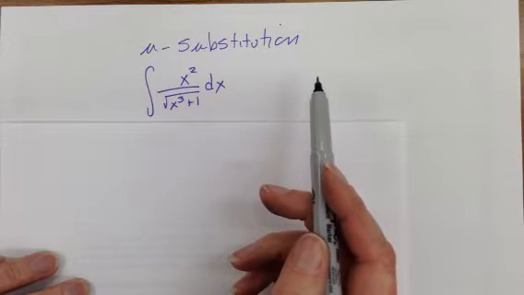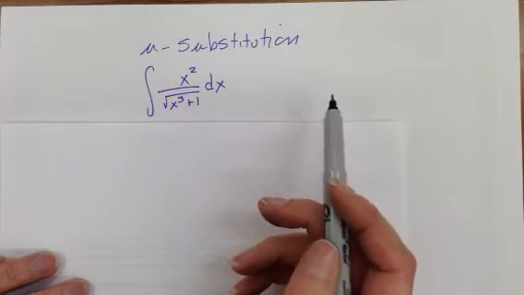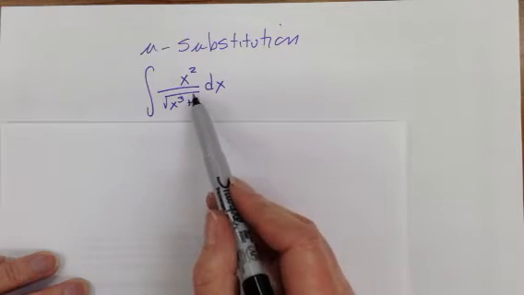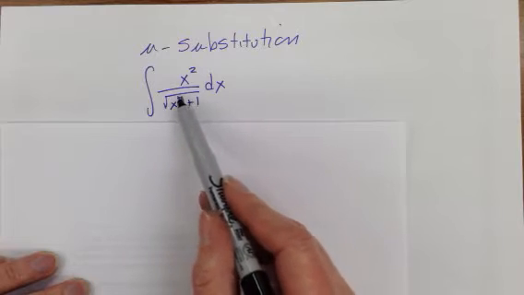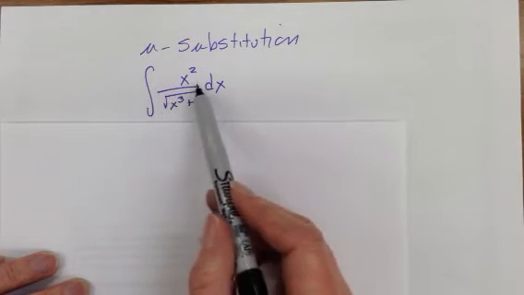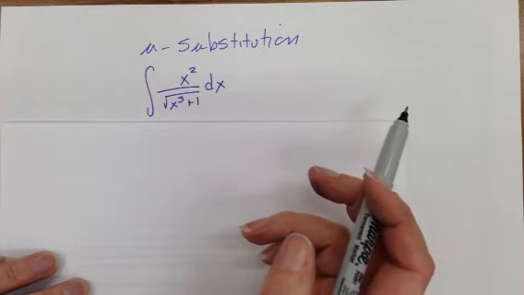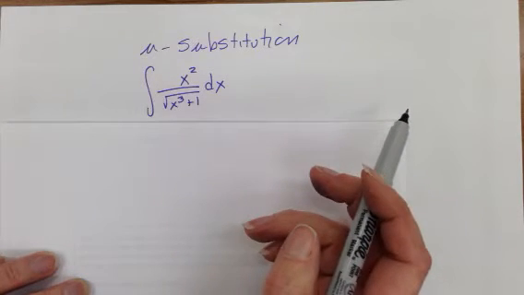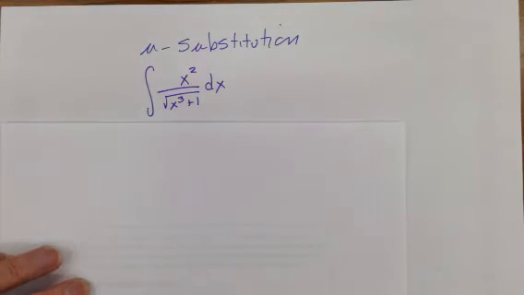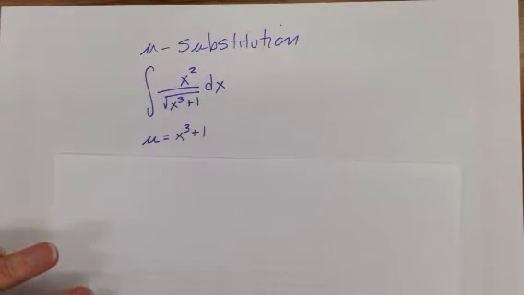All right, the first thing we need to do is choose a u. I am noticing that x cubed plus 1 is inside the radical and inside the denominator. Our choices of u substitutions are often, not always, often chosen by letting u equal the inner function.